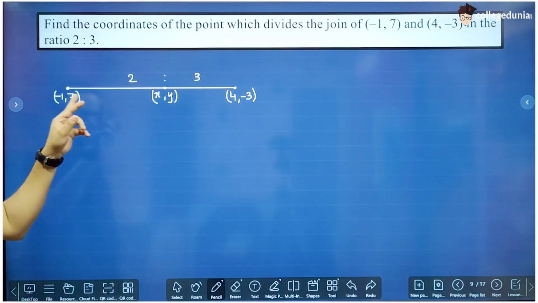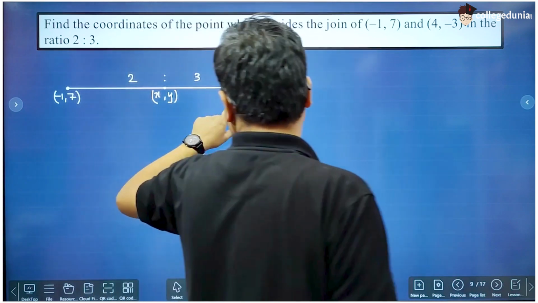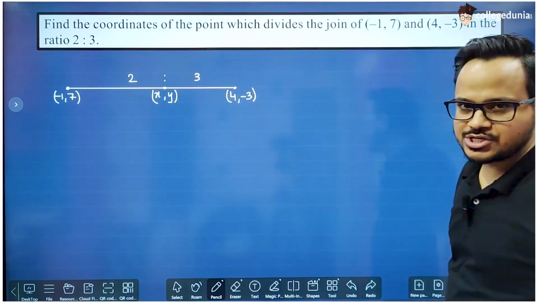We have to find this point so that these two points are divided by this point in the ratio 2:3.